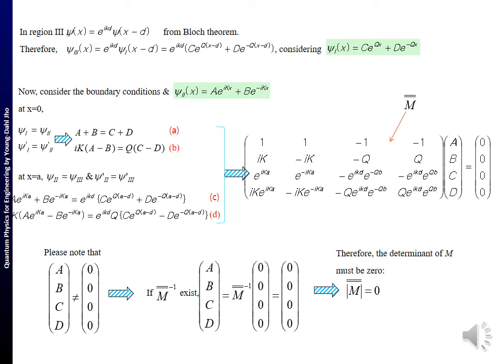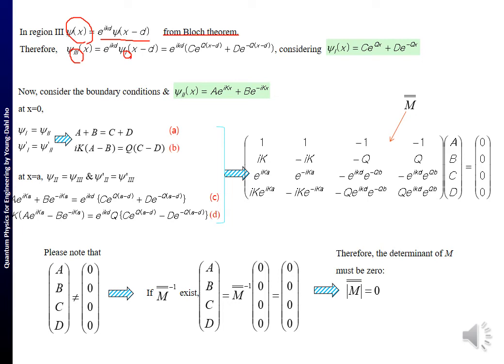And in region 3, psi x is defined like this from Bloch's theorem. Psi x should be the same as e to the ikd times psi x minus d, based on Bloch's theorem. So let's say x is now in region 3, then this must be region 1.